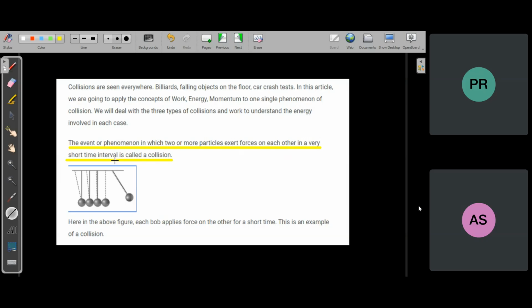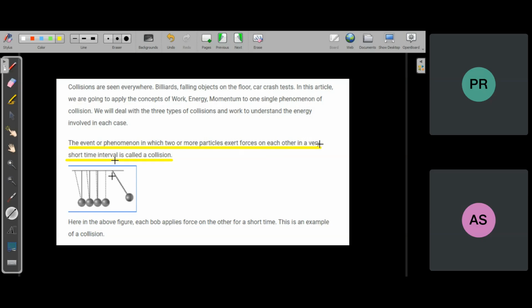Generally during the collision a large amount of force acts. Now here you have to understand that whenever some force acts on particles, force always changes the momentum of the particles, because force is rate of change of momentum. So when force acts on the particle, the momentum of individual particles will change.